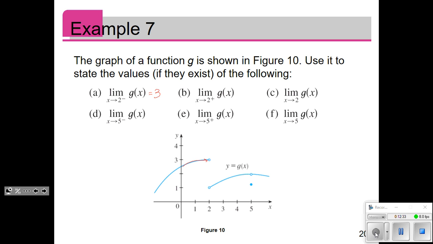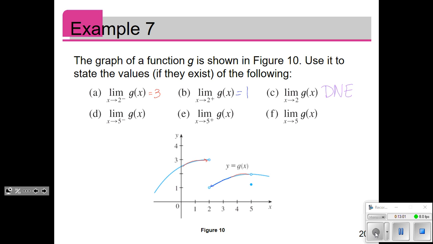Now, the limit of g of x as x approaches 2 from the right. So from the right, if I'm going this way, what's it approach? 1. So what's the limit of g of x as x approaches 2? Does not exist, because those are not the same. Now part D, limit of g of x as x approaches 5 from the left.